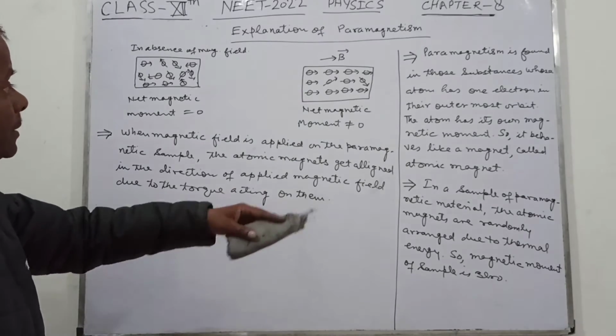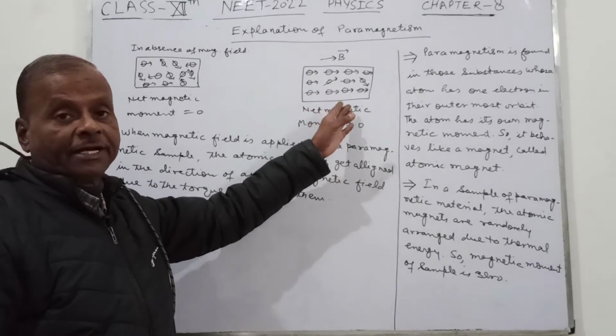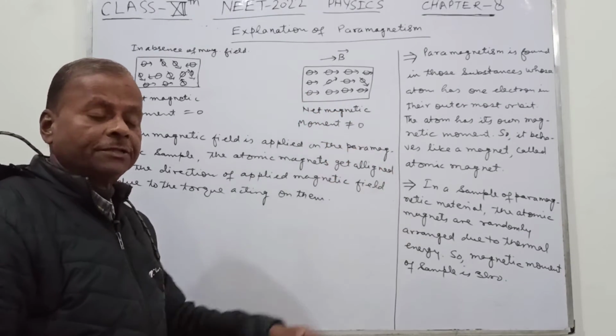So some of the atomic magnets do not get aligned. This is due to the thermal energy.